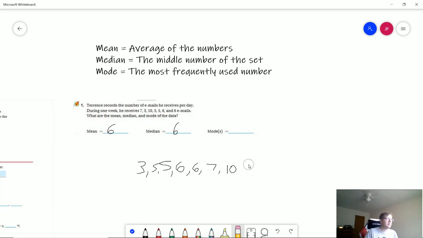The mode is going to be the most frequently represented number. So we might end up in a situation where we would have like a 1, a 2, and let's say we have like 4 5s, and then a 6 and a 7.